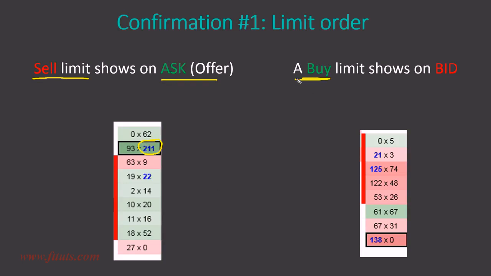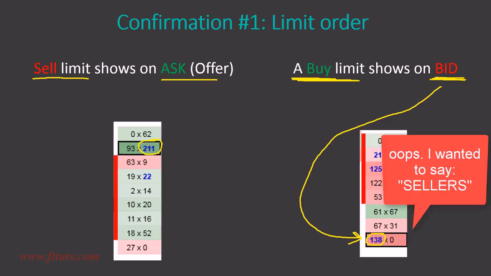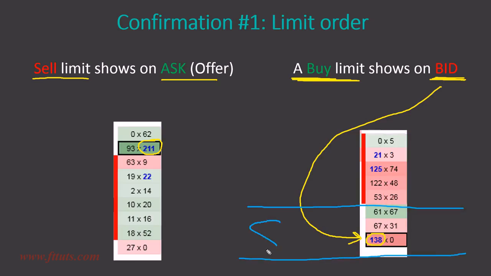A buy limit shows on the bid, which is in here. This is a big buying limit. Again, you can notice that the sell is red, so it sort of appears like those were aggressive buyers. But again, imagine that this is a strong support, and this huge limit order appeared in the support zone.